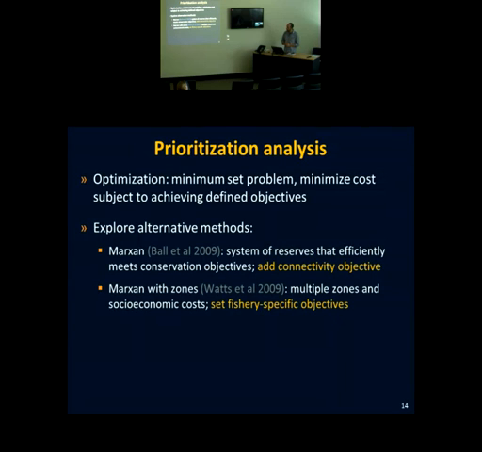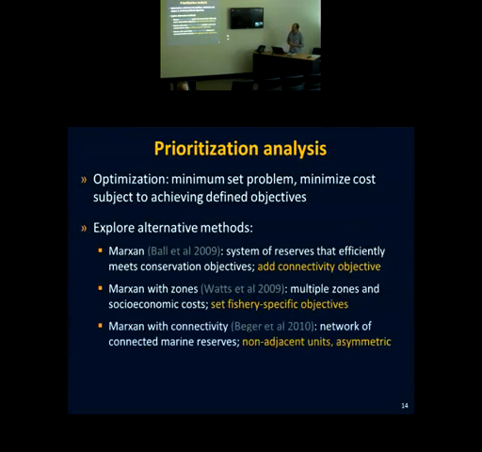The second, which relates mostly to incorporating socioeconomic aspects into the design, was Marxan with Zones, a relative of Marxan that allows the identification of multiple zones and the use of different socioeconomic costs. In this way, we were able to set fishery-specific objectives, and instead of minimizing the cost, we try to achieve social and conservation objectives at the same time.